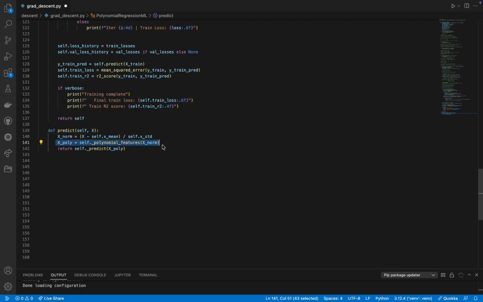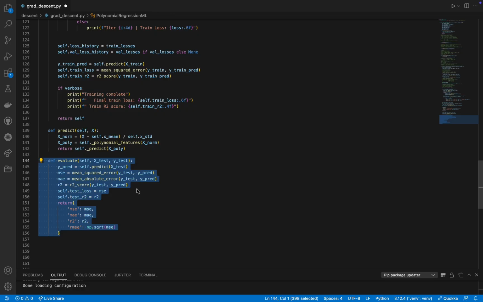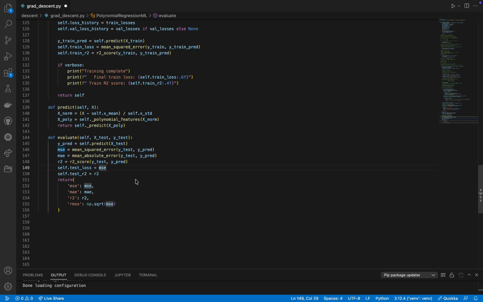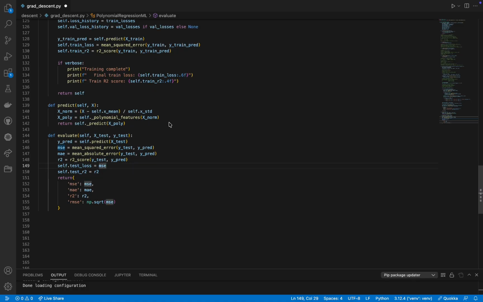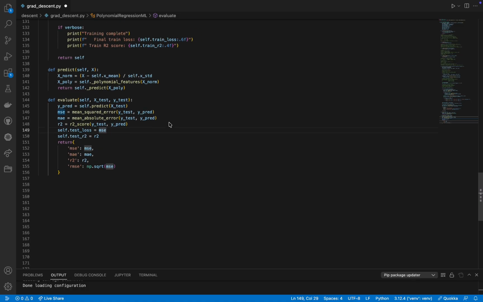Then we transform the normalized data into polynomial features using self.polynomial_features. Finally, we multiply the polynomial features by the coefficients to get our predictions. The three steps are: normalize using training statistics, transform to polynomial features, and multiply by learned coefficients. This ensures that new data goes through exactly the same preprocessing pipeline that the training data went through.